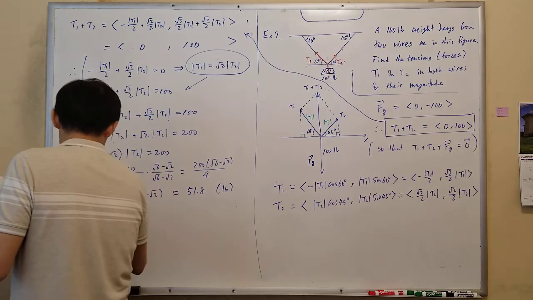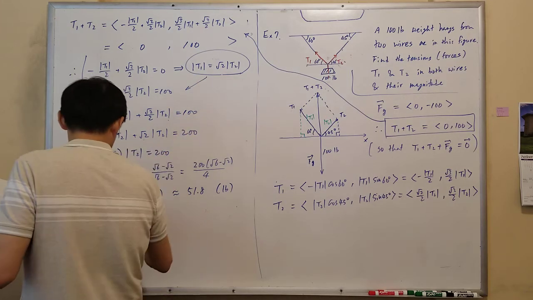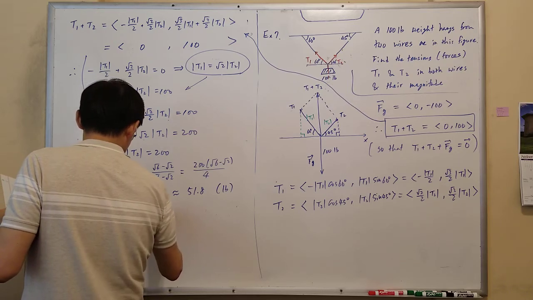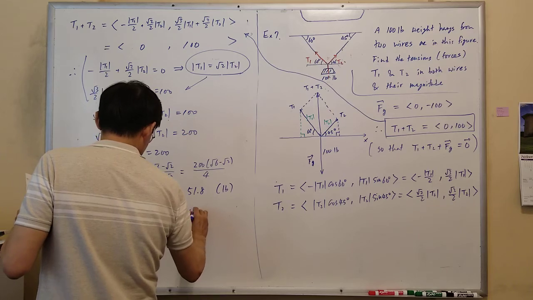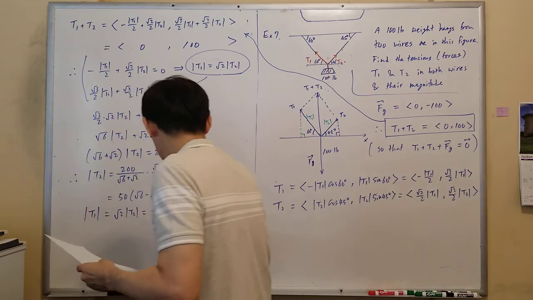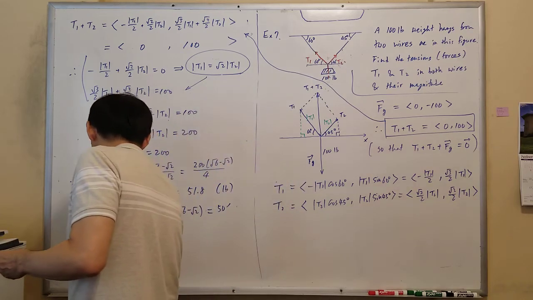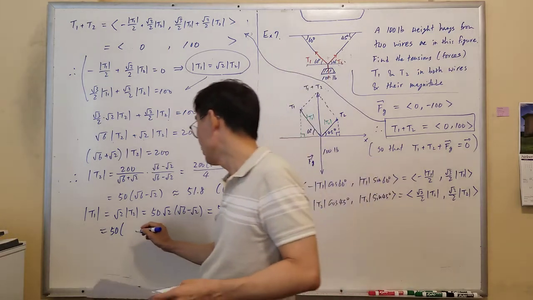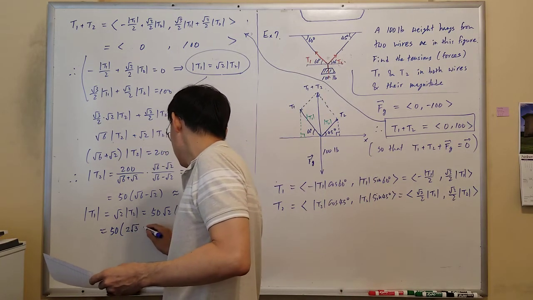Well, what about the magnitude of T1? Which is square root of 2 times the magnitude of T2. Well, distribute this. Square root of 12 is 2 square root of 3, right?